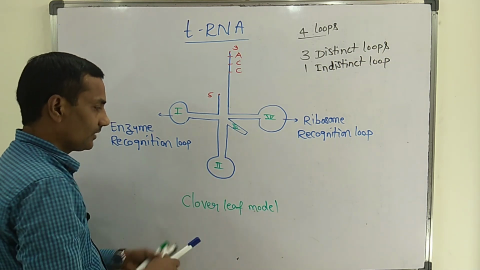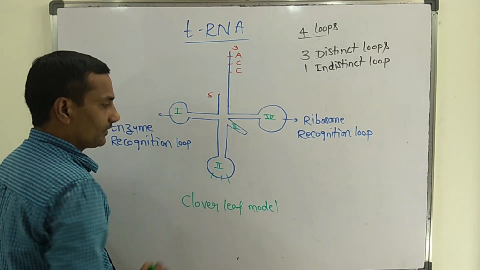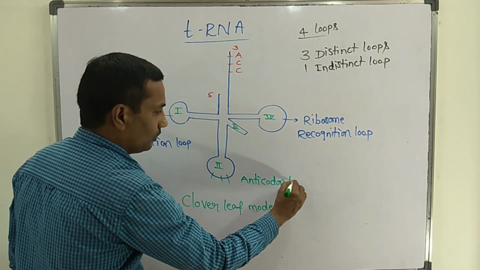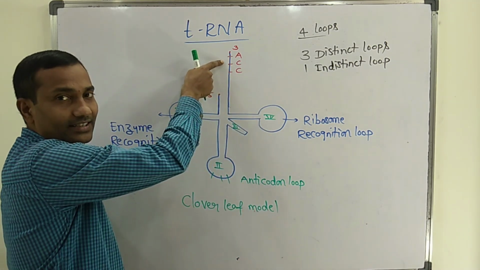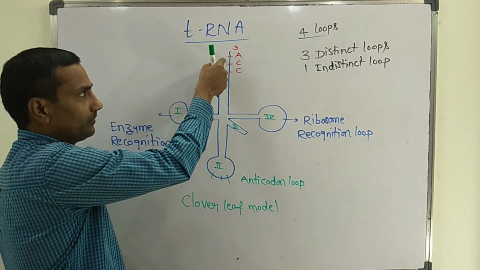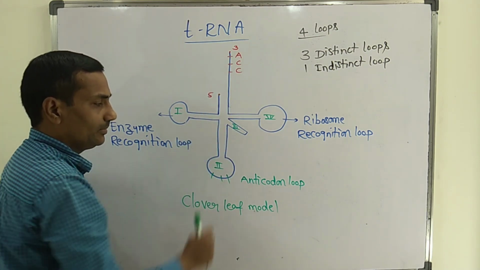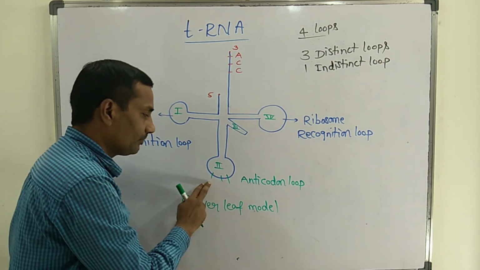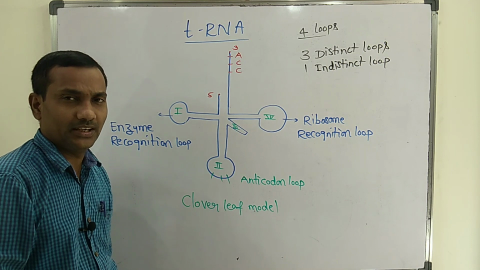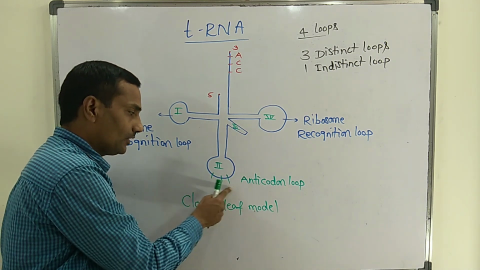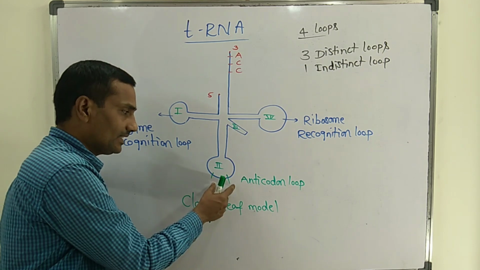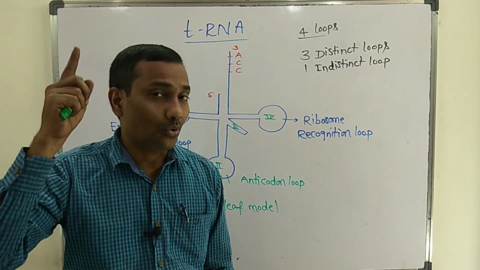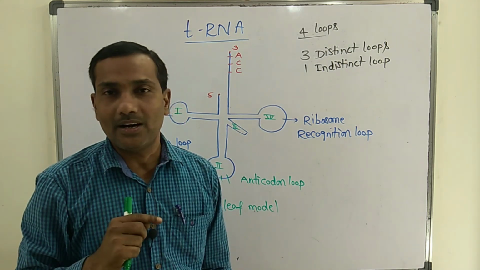Next, the second loop is the anticodon loop, located exactly opposite to the tail end. The anticodon loop has three unpaired nucleotides, which are complementary to the codons on the mRNA.